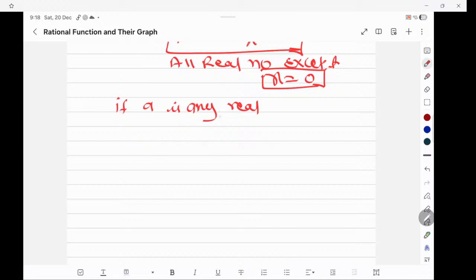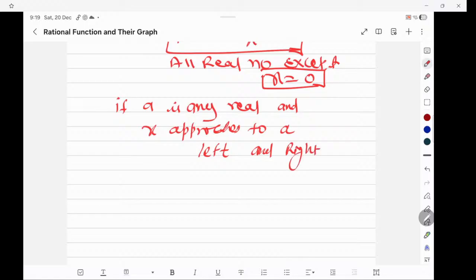So x approaches a, where a is any real number, and there are two sides of a, left and right.